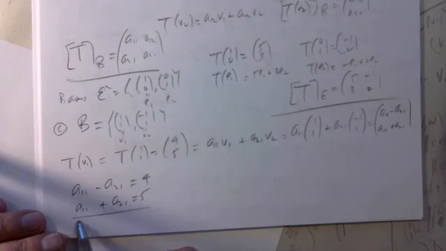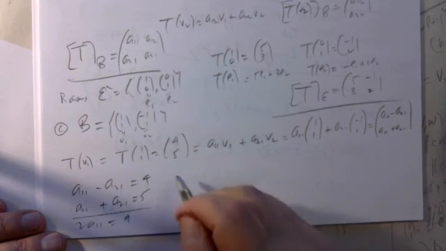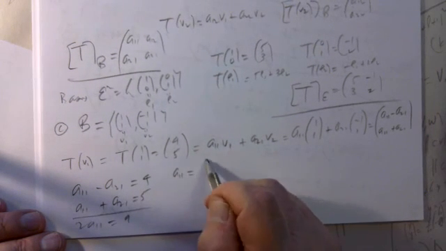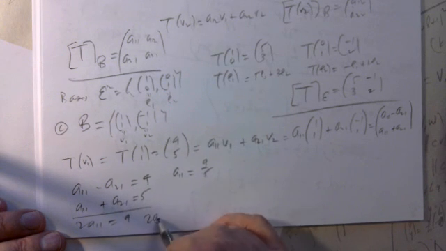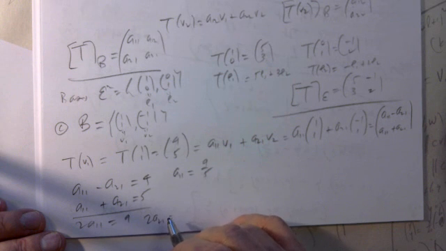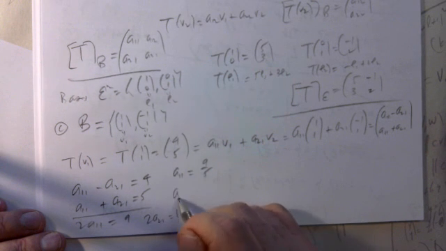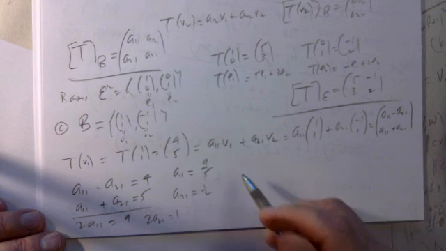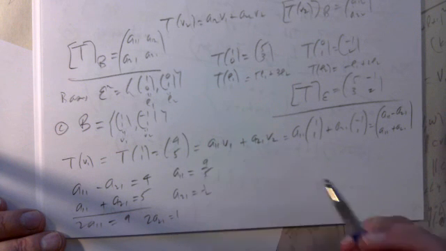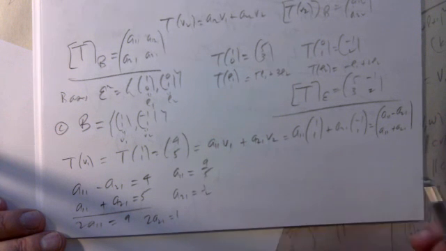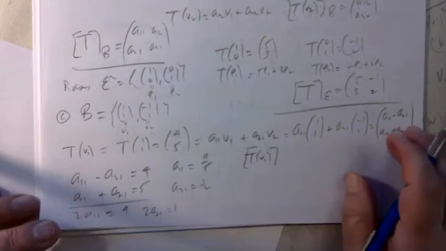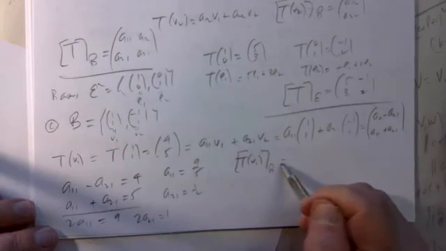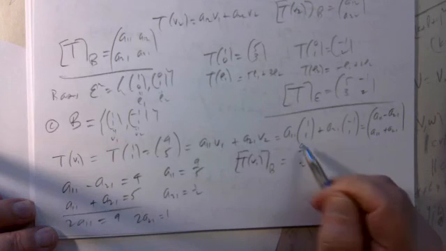If I add, I get 2A11 is 9. So A11 is 9/2. If I subtract the first equation from the second, I get 2A21 is 1. So A21 is a half. So T of V1, the coordinate vector for that with respect to this basis B is 9/2, a half.